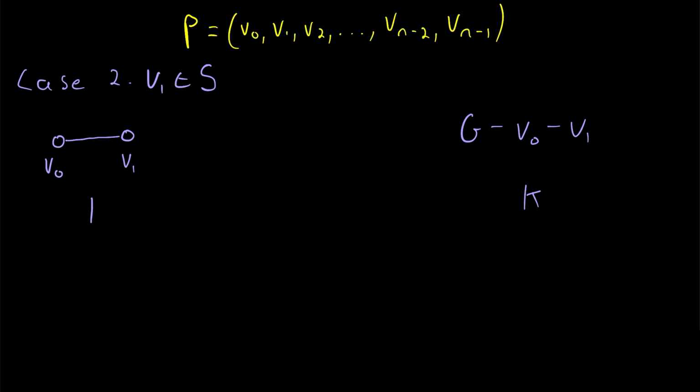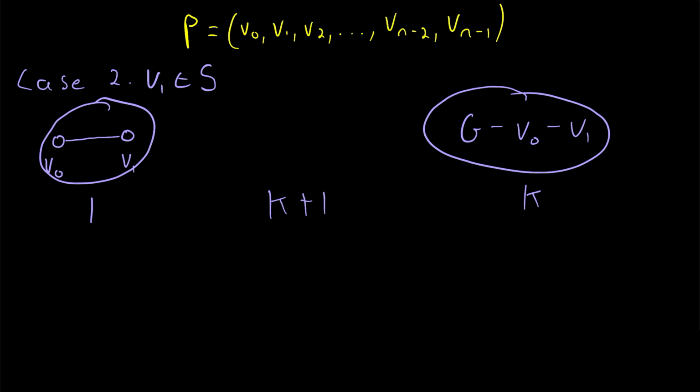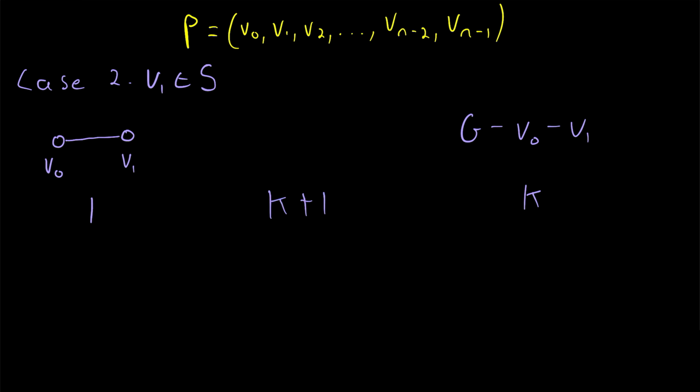So then combine them together to form G minus S, and that could have at most k plus 1 components, but it might have fewer components, because in the original graph G minus S, there might be some edges joining these vertices to the vertices of this graph, which would reduce the number of components further. But certainly the number of components is at most k plus 1. So that's just a quick summation of what we're about to do.